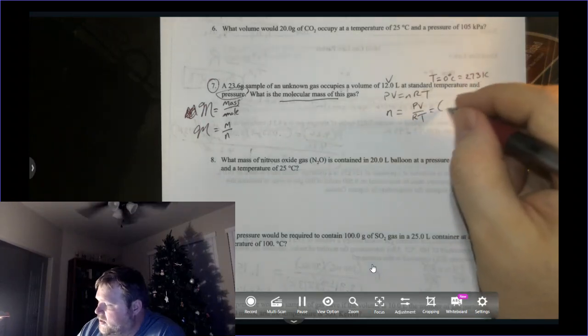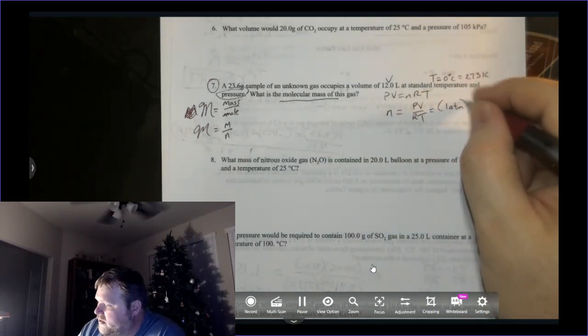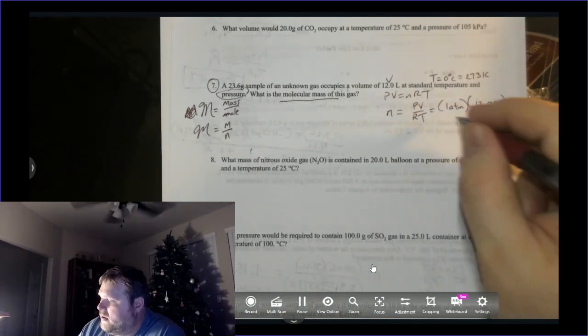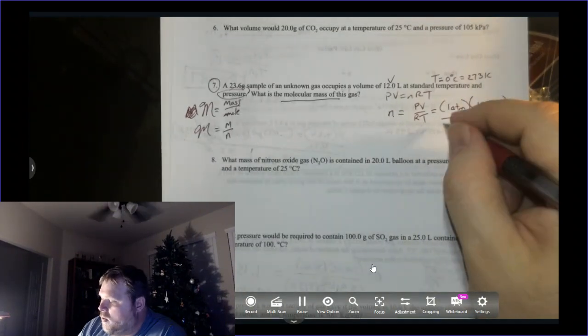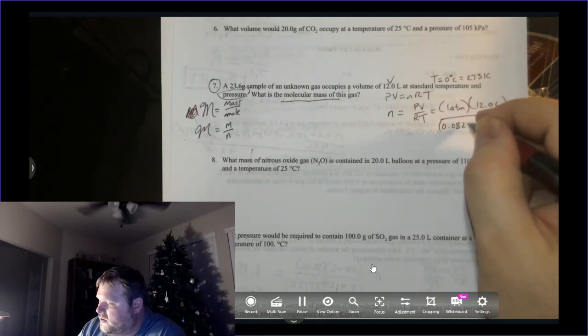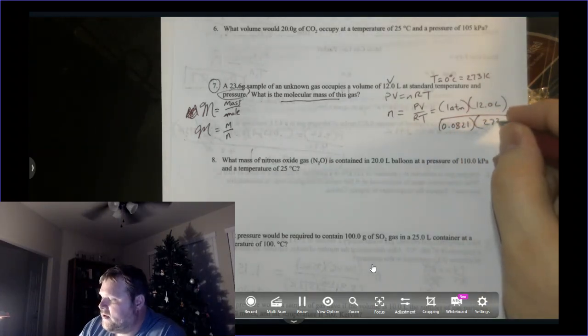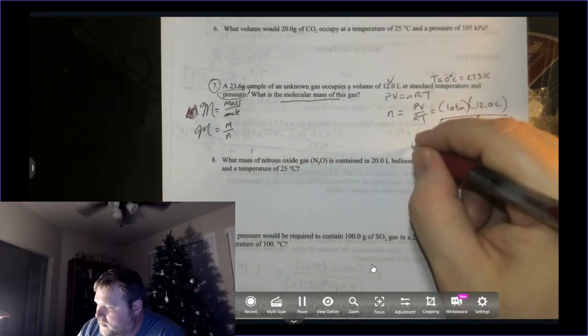So let's plug in here. 1 atmosphere is my standard pressure. The volume is 12. And then I want to use my 0.0821 and then 273. Nothing crazy here.